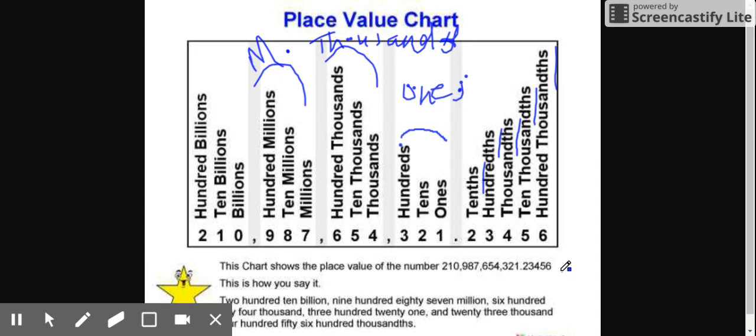Okay, so on this chart, we are going to talk about the value of a digit. So anytime you move to the left of the place value chart, your numbers are getting bigger. It doesn't matter where you start.